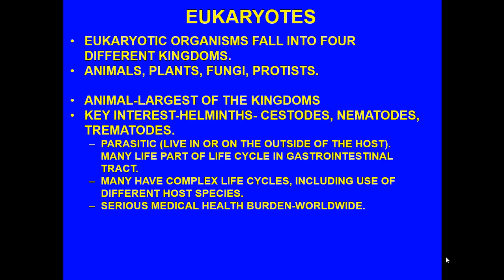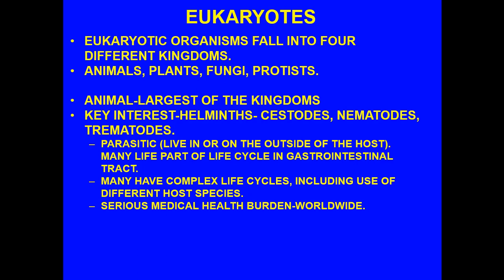The animal kingdom is the largest of the kingdoms, but a particular subset of them is of key interest in microbiology, medical microbiology particularly, and these are the helminths, which consist of the cestodes, nematodes, and trematodes. Many of these are parasitic. What I mean by that is they live in or on the outside of the host, and they cause detriment to the host while the parasite itself benefits.